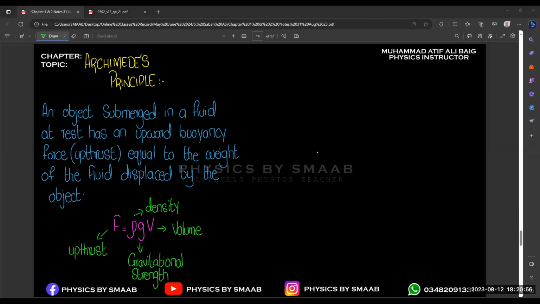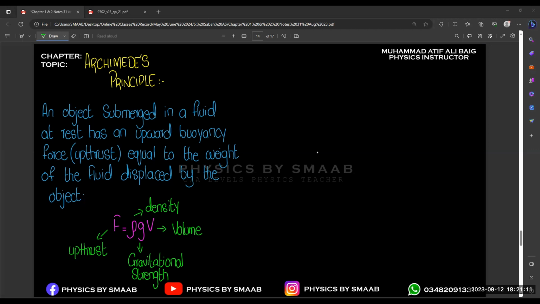These factors are not very difficult. We already know about all of them, so we can easily identify them and use the formula related to the upthrust force, right?